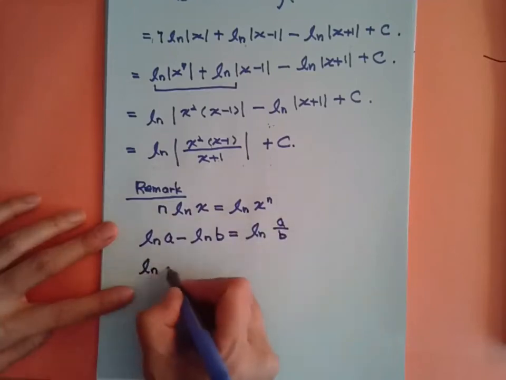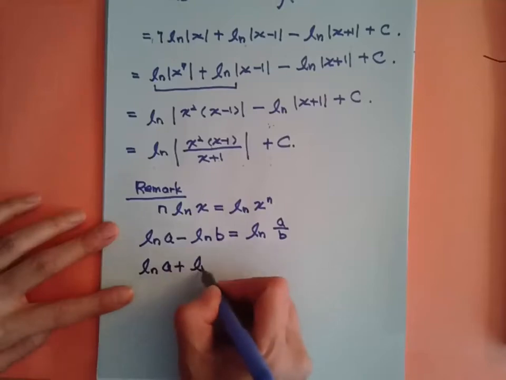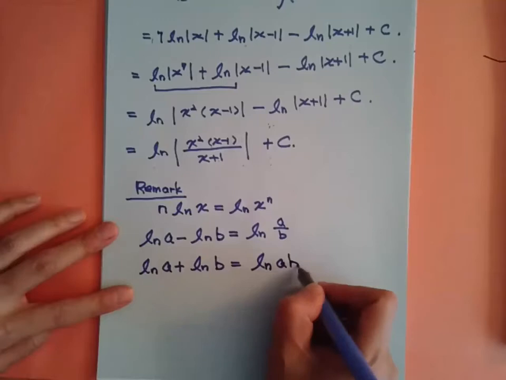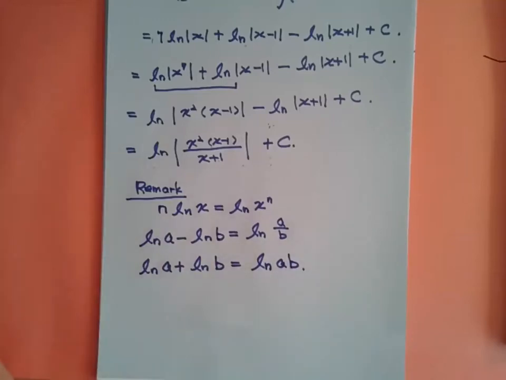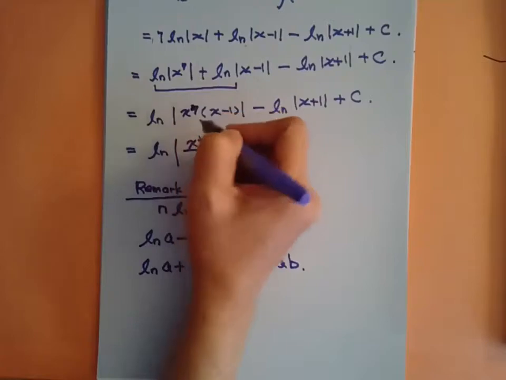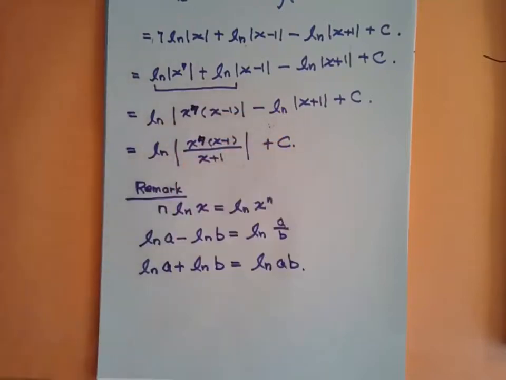And natural log of a plus natural log of b equals natural log of a times b. Oh, I'm sorry. It is not squared. It is 7th power. Sorry, I just changed it.